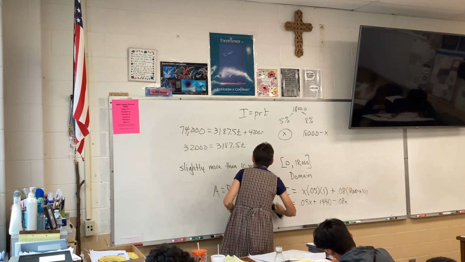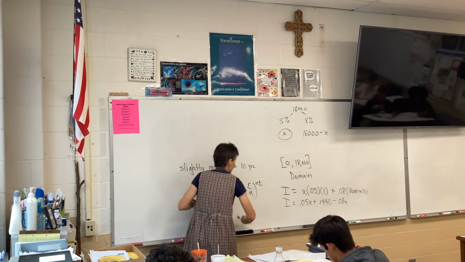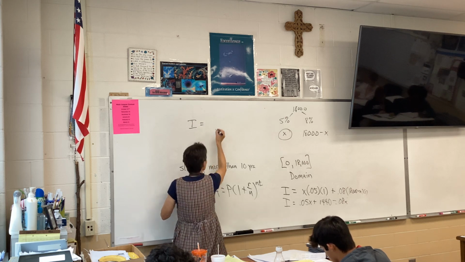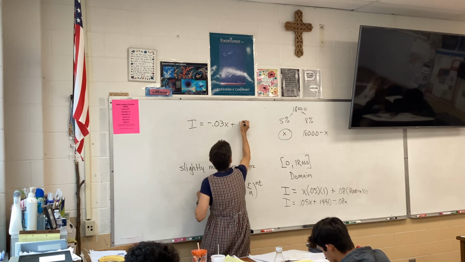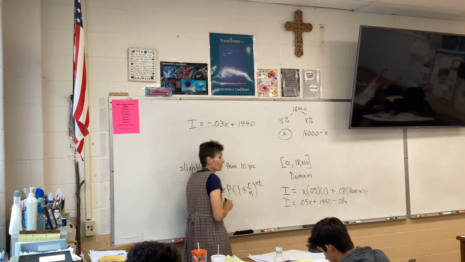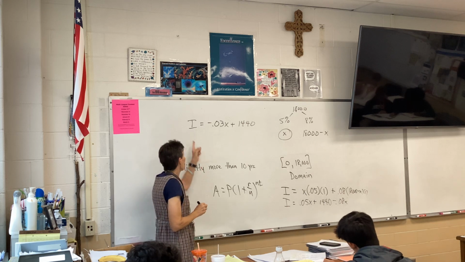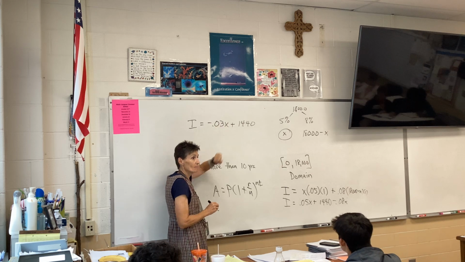So my cleaned up equation, just combine my terms. My equation is negative 0.03x plus 1440, is that right? Y equals mx plus b.